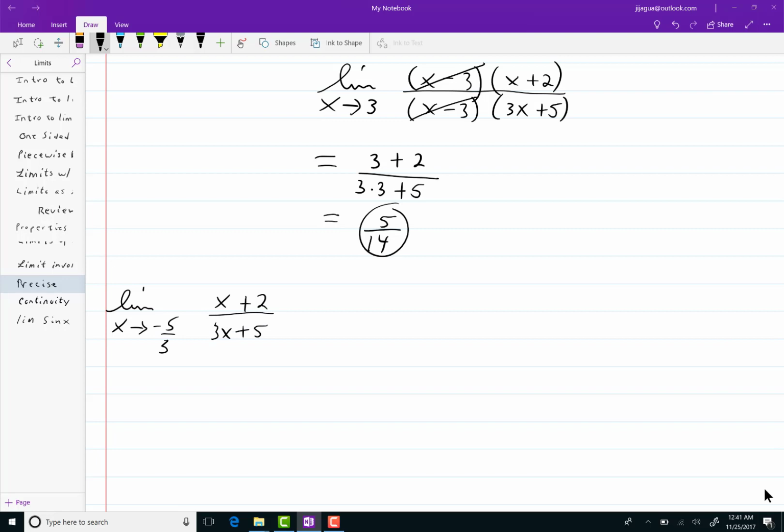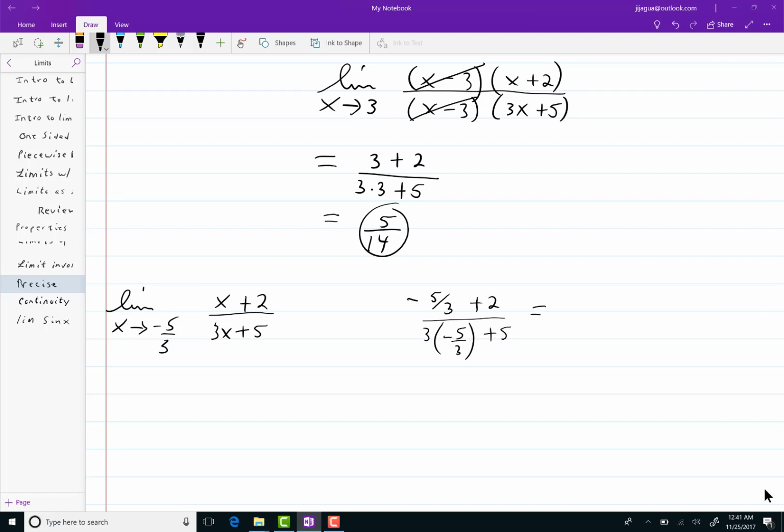Now, there's a variety of ways to approach this problem. I don't really want to use my calculator; I want to stay away from it. You can check the answer later on. But what happens here is I'm going to get a non-zero number in the numerator. So if I were to try to plug it in directly, I get negative 5/3 plus 2 divided by 3 times negative 5/3 plus 5.